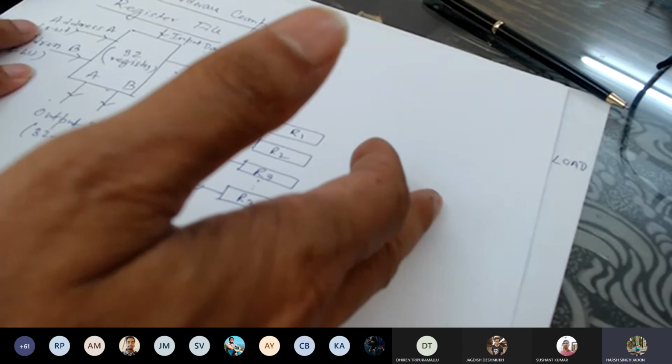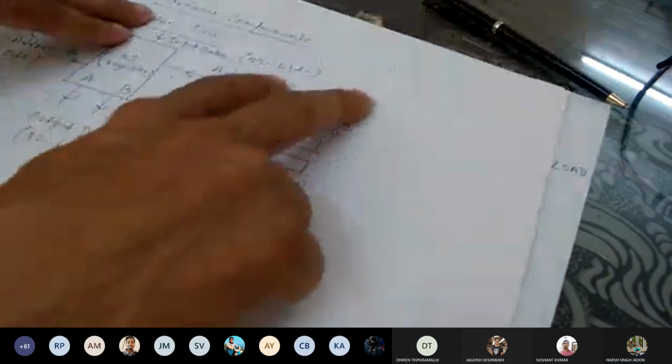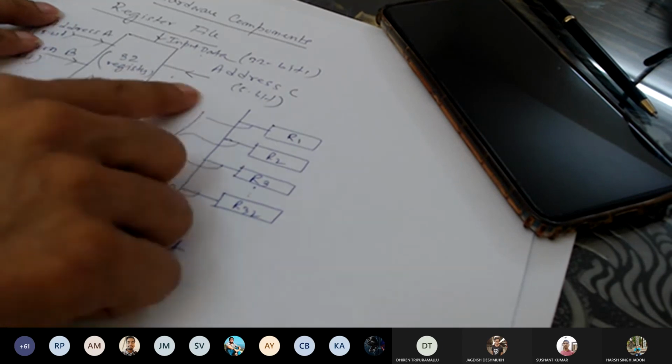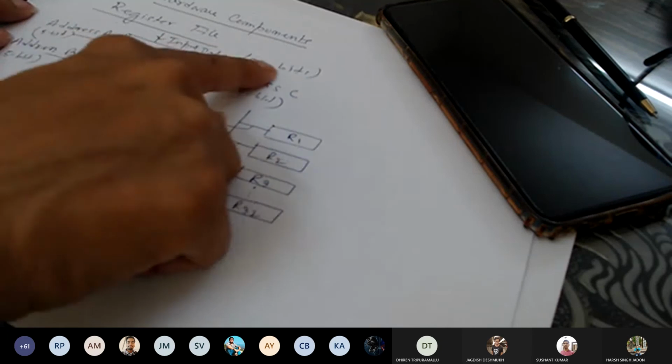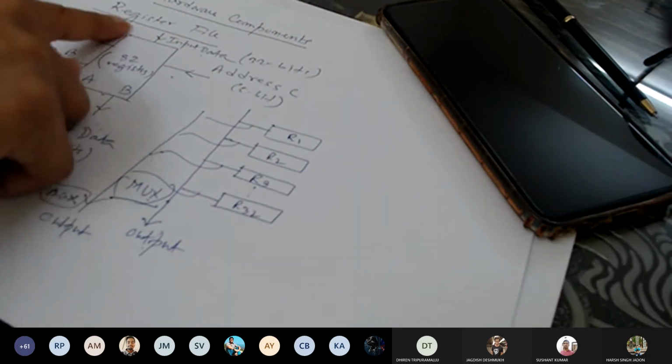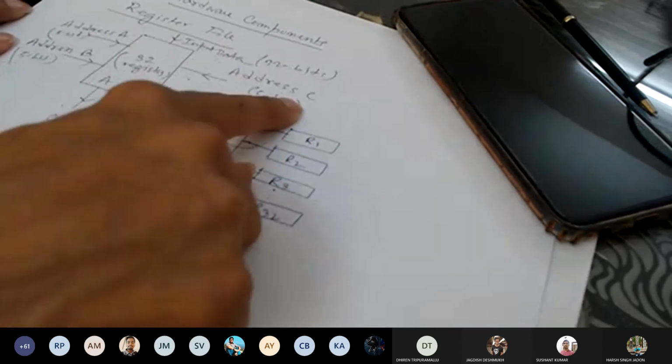Address of what, sir? The third line, for writing into the register. Writing is only into one register. You do not write parallelly to both the registers. That's why there is only one input line. Input data is only one. For output there are two addresses. For input there is only one address.